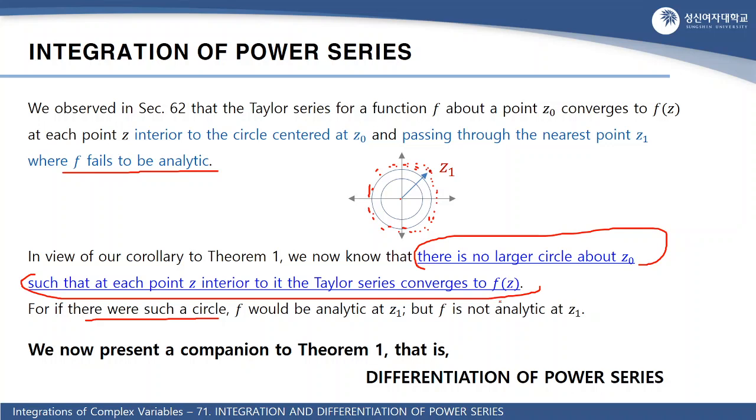So a circle comes from the Taylor series, I mean, where the Taylor series converges. Then there is no larger circle, because of theorem 1, which says f would be analytic in the region. Okay.